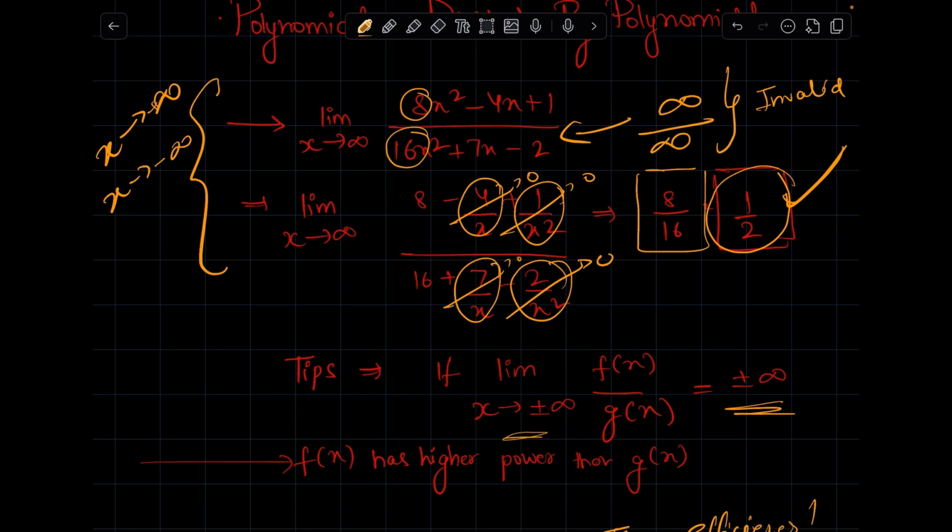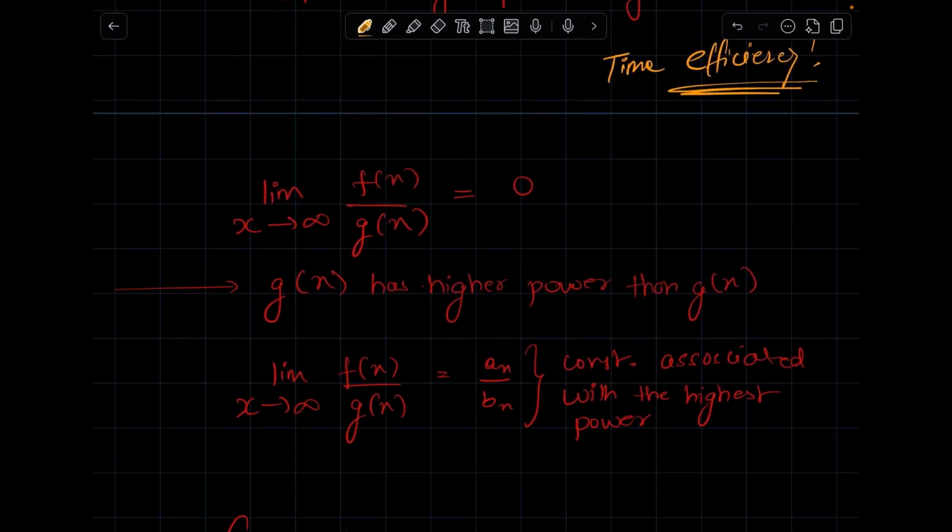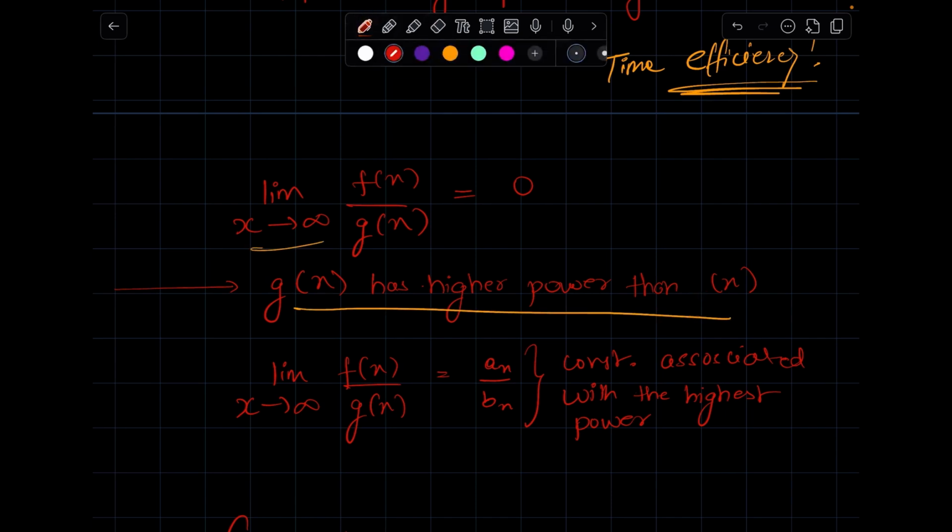If you see two polynomials that have the same degree of x, then you can simply take the fraction of the coefficients of the highest power of x to get your answer. That's the short way to do it. And on MCQs where you don't have to show any working, it's really useful. So yeah, as x tends to infinity, if g of x has a higher power than f of x, it yields 0.